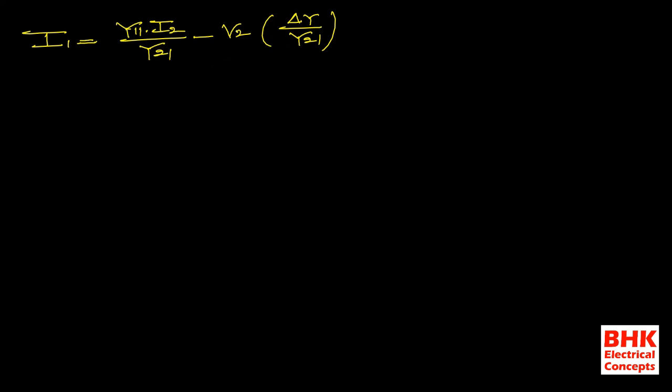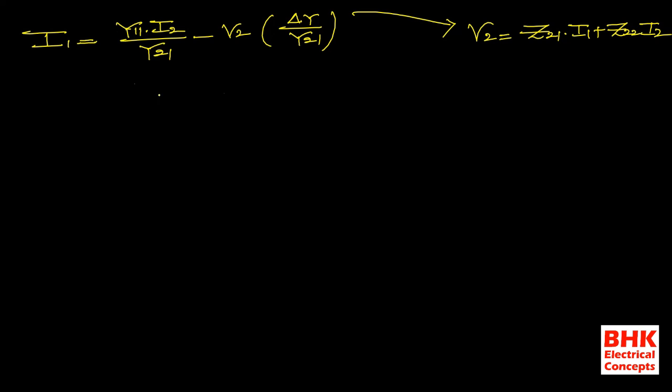We required the expression of v2, because in the z parameters, v2 is always equal to z21 I1 plus z22 I2. So from this expression we are going to convert into that expression.